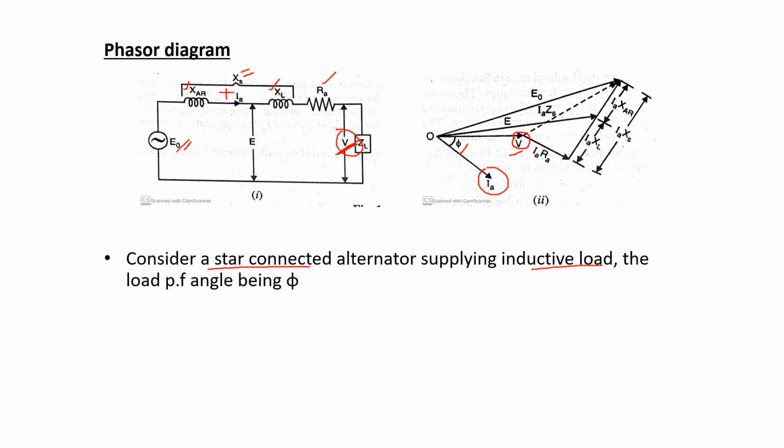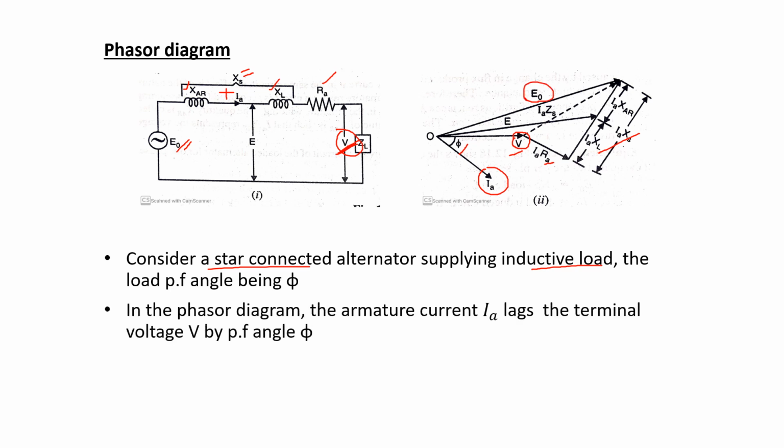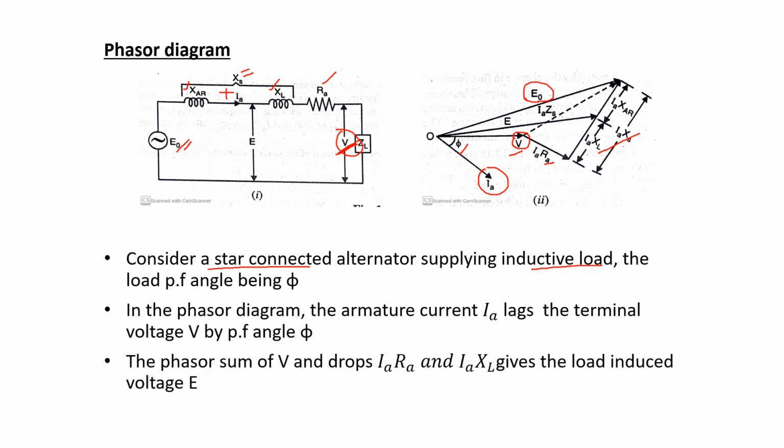First add the IA RA drop in phase with IA, and the IA XS drop exactly 90 degrees leading to IA. So finally we will get E naught. So the sum of the voltage V, IA RA and IA XS gives the voltage E naught.